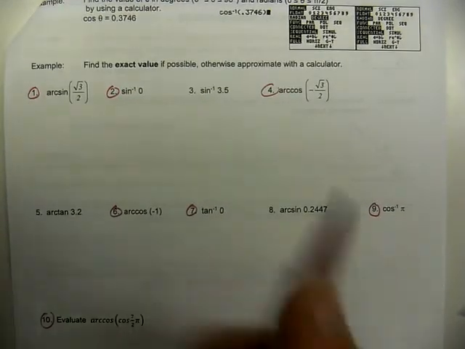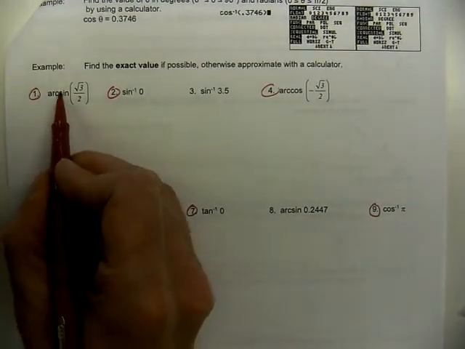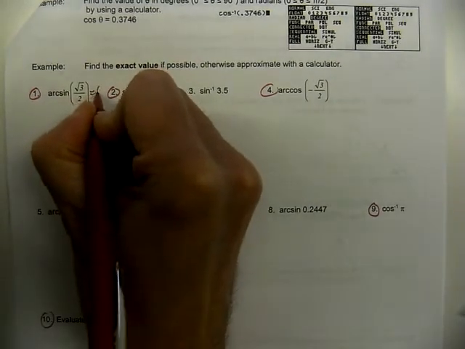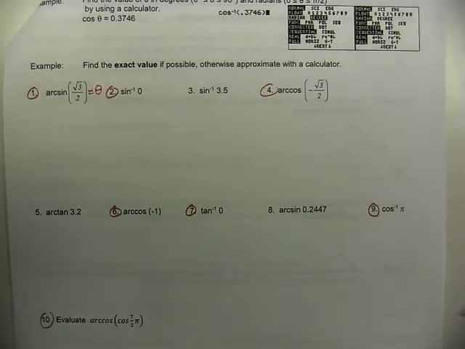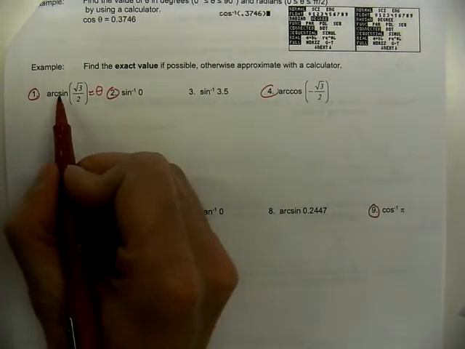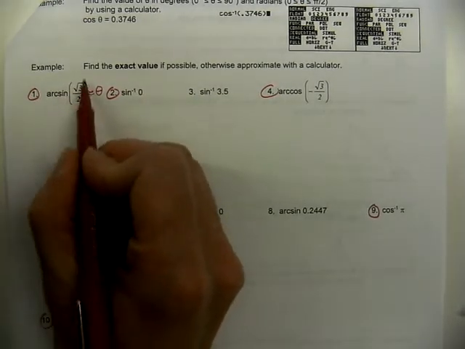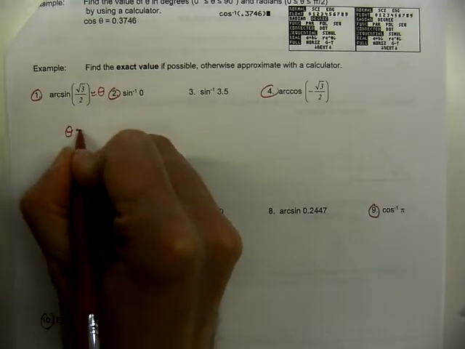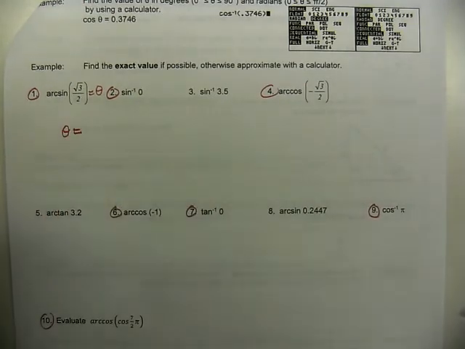All right, so example 1, arc sine. Remember, the answer to an inverse sine function must be an angle of rotation. So the question is, where am I? How many radians have I rotated to get to this place? So sine is paired up with the y-coordinate. The y-coordinate is root 3 over 2. So the question is, where am I, so that my y-coordinate is root 3 over 2?